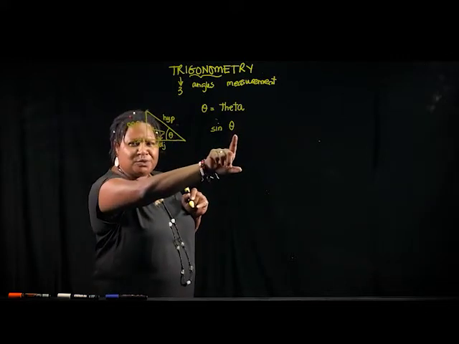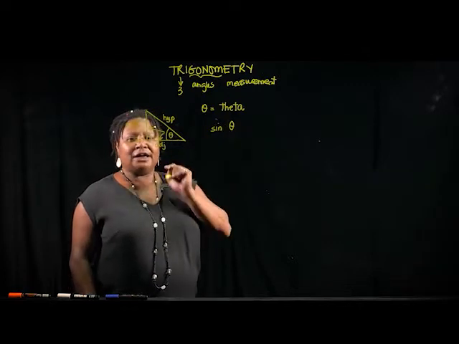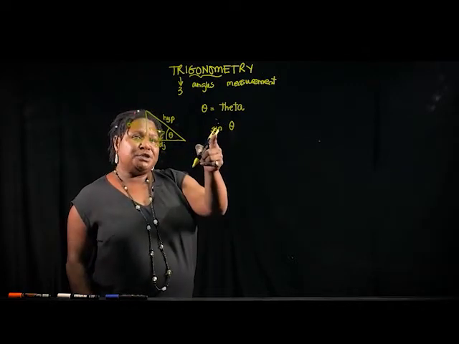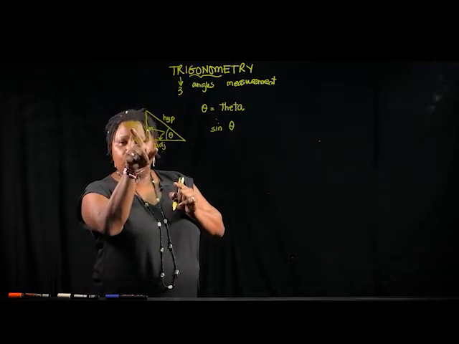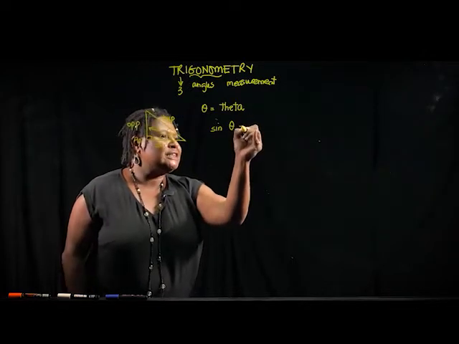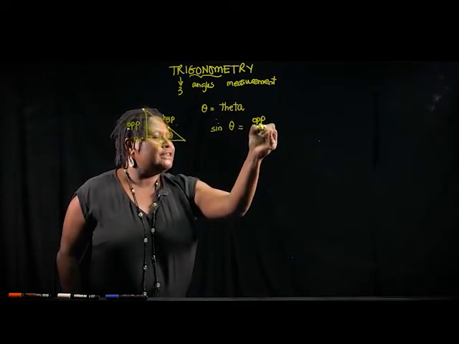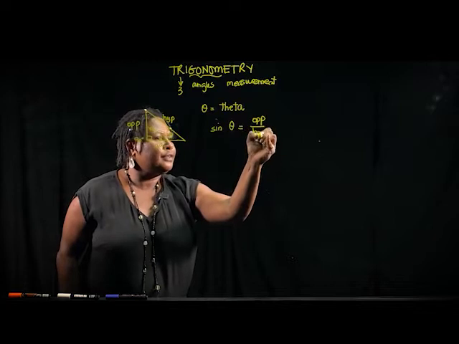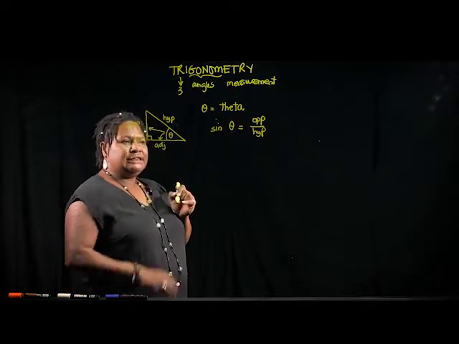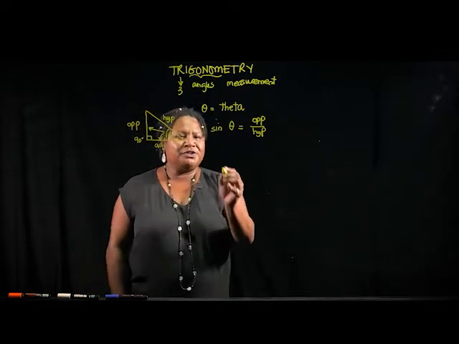We go back to the ratio. So sine theta, remember, is the relationship between the sides opposite and hypotenuse. So sine theta is equal to opposite over hypotenuse. Then we have the next ratio.